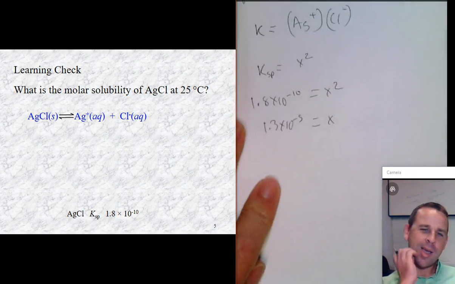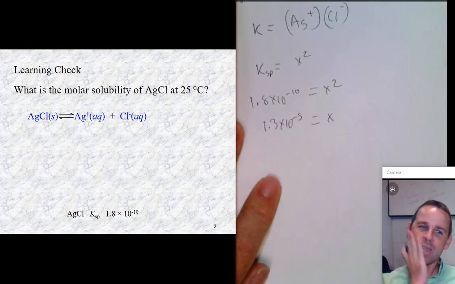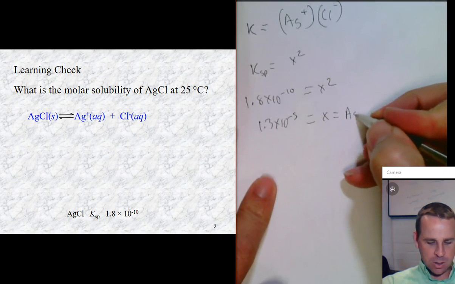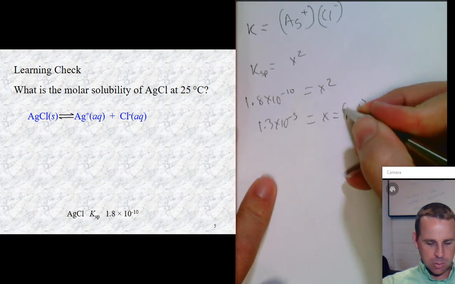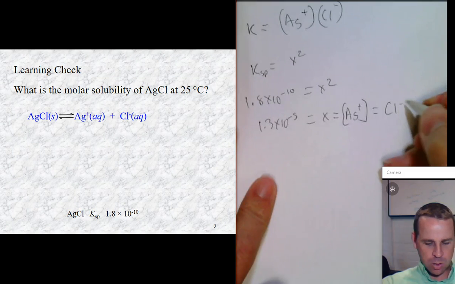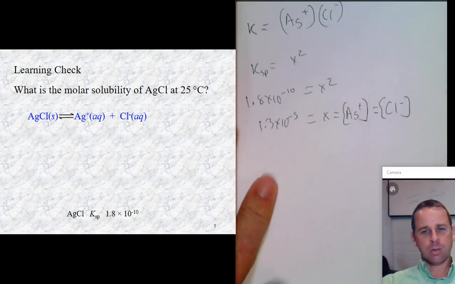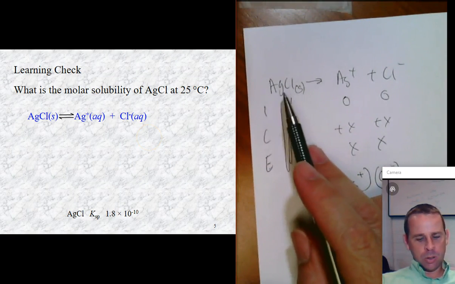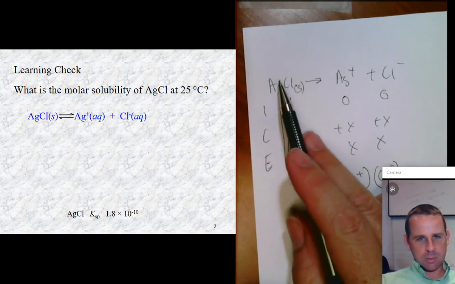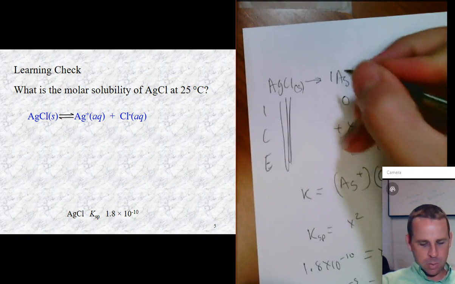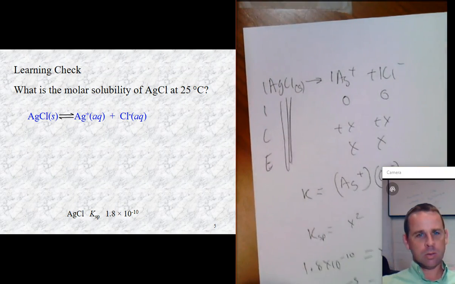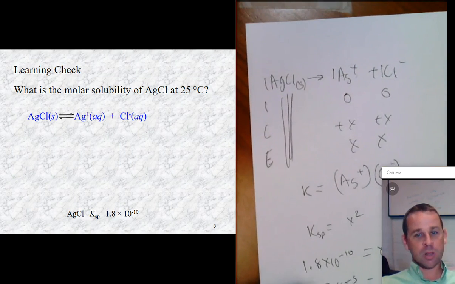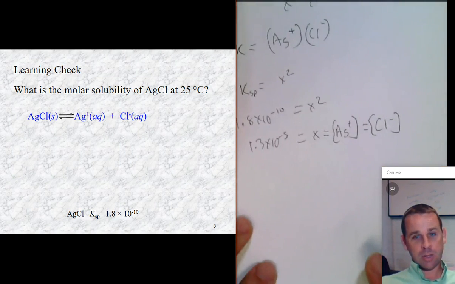And that's the concentration. This is the silver ion concentration, molar concentration. It's also the chloride ion concentration, right? And therefore, it's also the molar solubility of this compound, how many moles of this dissolve, and because this is a 1 to 1 to 1 ratio, x tells us what the molar solubility is of that compound.